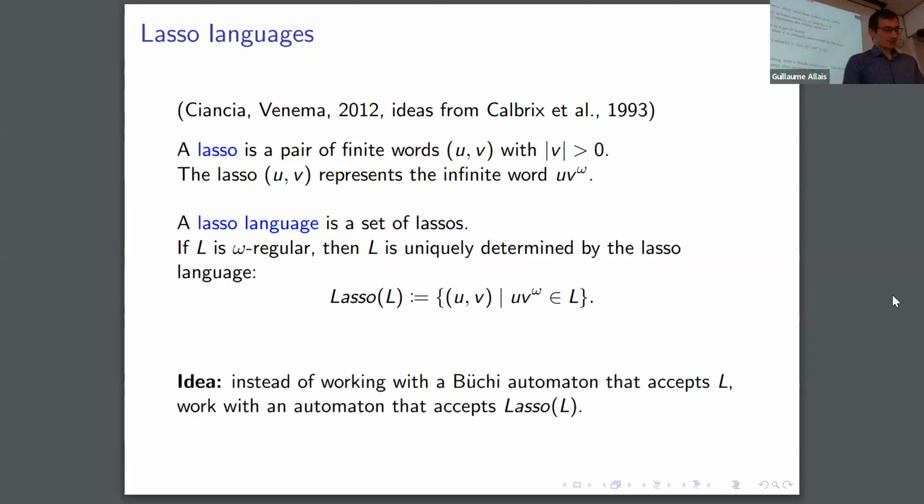And so there is this idea that at some point came up: instead of working with some Büchi automaton, maybe try to come up with an automaton that accepts the lasso language of L instead of L.